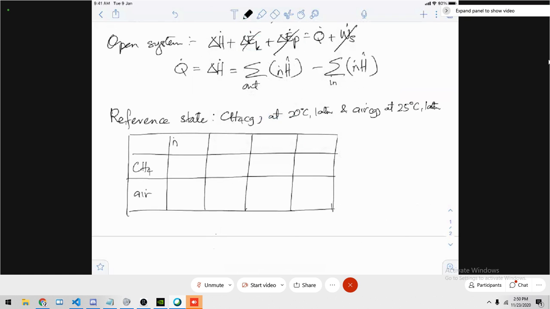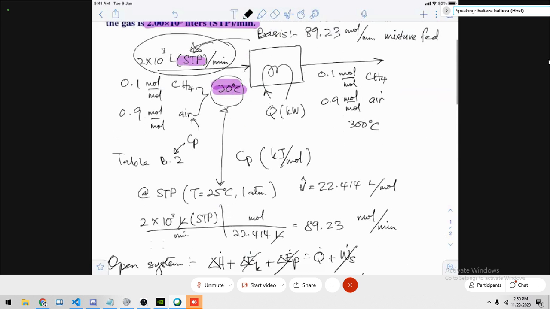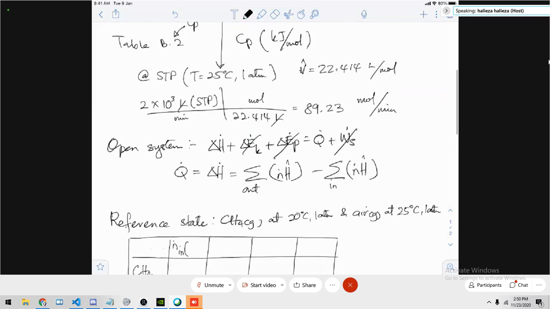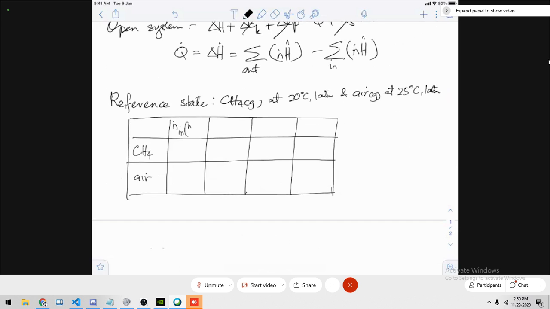The unit for the molar flow in is mole per minute, enthalpy in is kilojoules per mole, the flow out is mole per minute, and enthalpy out is kilojoules per mole.